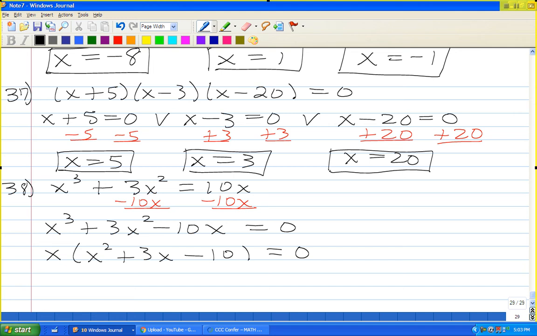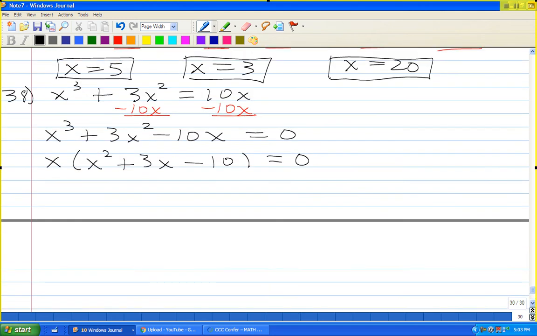What's inside the parentheses is a monic quadratic trinomial in terms of x. So I can put x's here. Let me drop down the plus. Plus times minus is minus. I want two whole numbers whose product is 10 and whose difference is 3. Well, 5 and 2. And I put the larger absolute value of the root first.